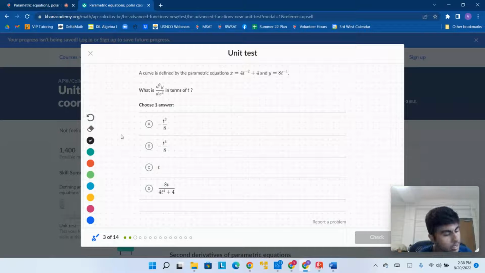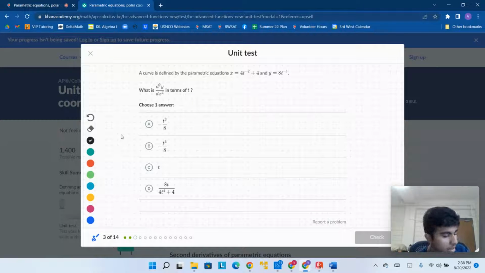Now I'm going to take the derivative of this with respect to x, and it gives d squared y over dx squared. That's taking the derivative of t with respect to x. So what does that mean?